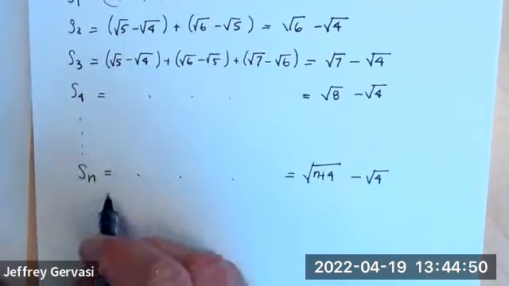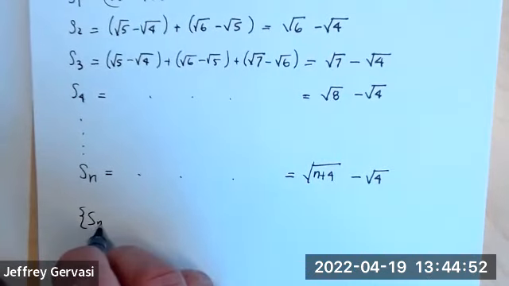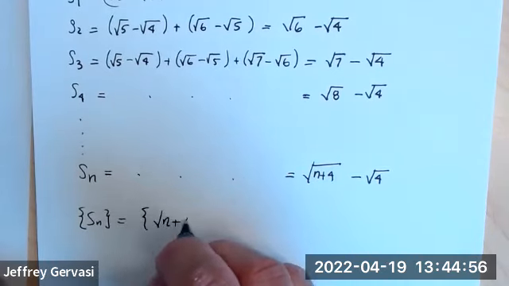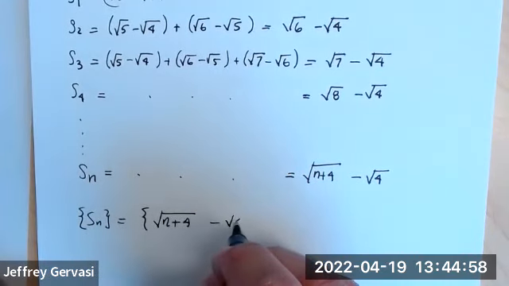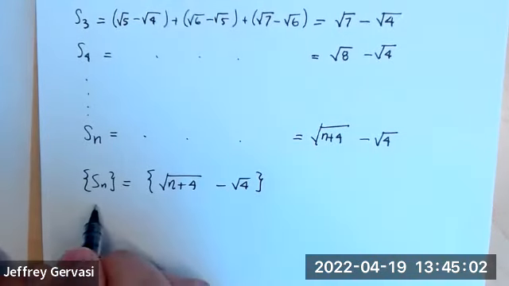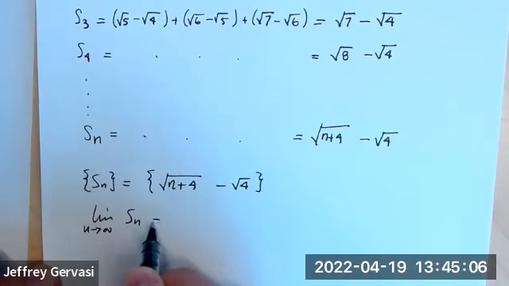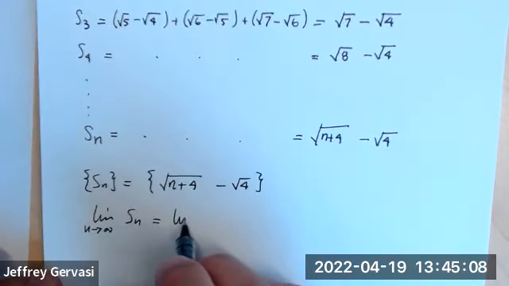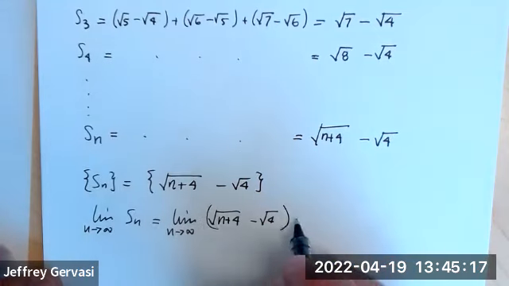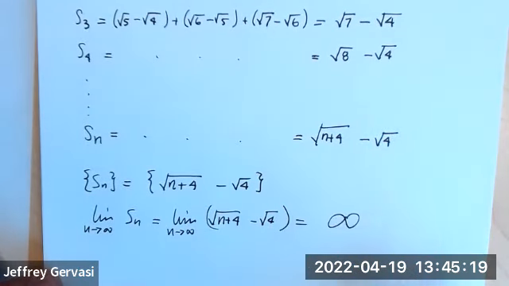Okay, so our sequence of partial sums has the general term like that. And if we take the limit of our sequence of partial sums, at least the general term, this is actually going to equal infinity.